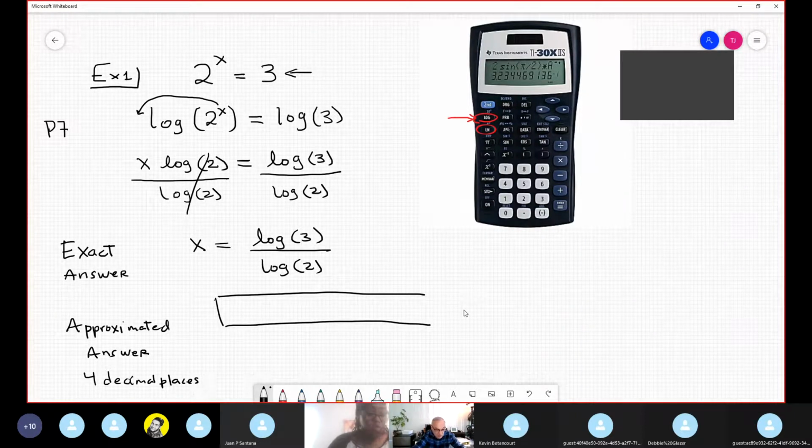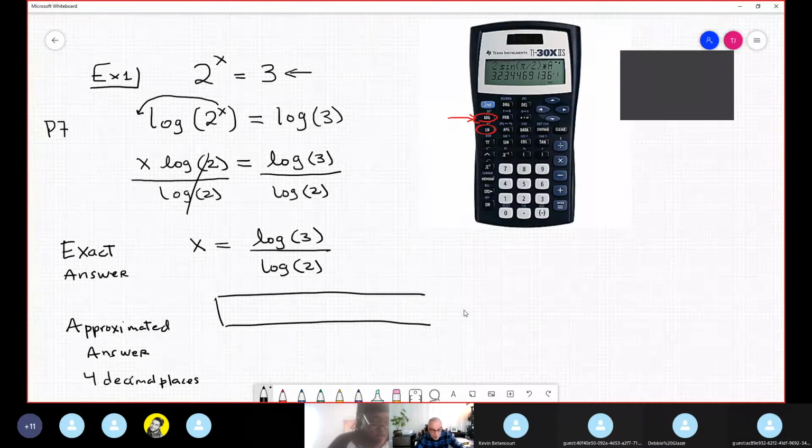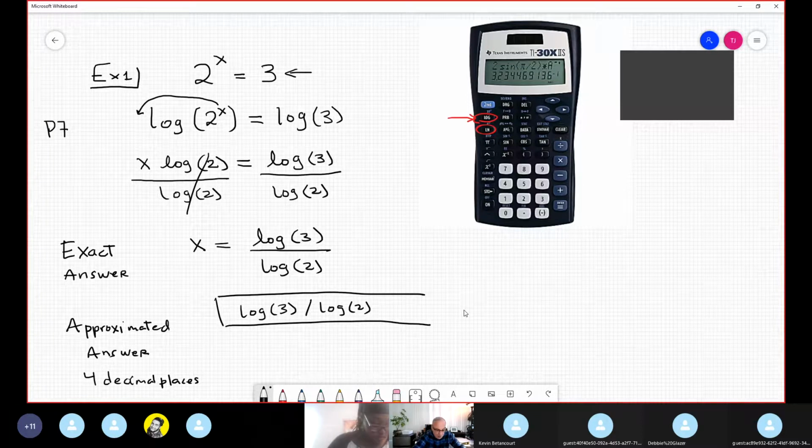You put it in a calculator and you let me know what the answer is. I put in the calculator logarithm of 3, like that, logarithm of 3 divided by logarithm of 2. Close the parenthesis, important. Boom, I get the answer. Please help me in the chat.